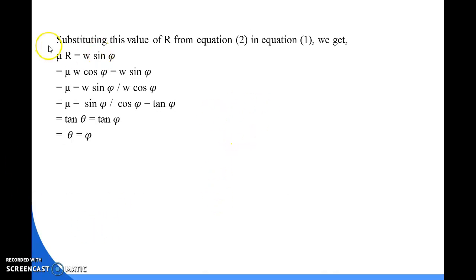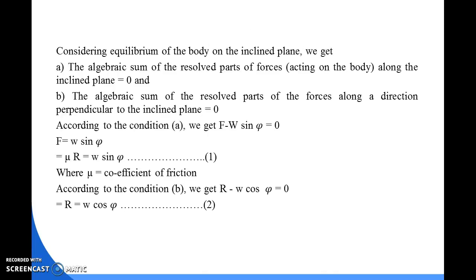Now we have to substitute the value of R from equation 2 in equation 1. Here R is equal to W cos phi, and we replace this R value in equation number 1.